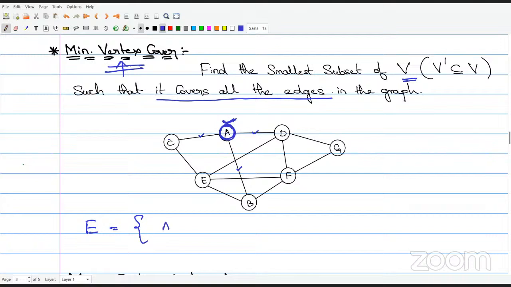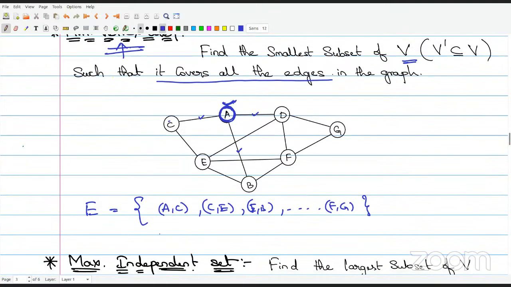This edge set contains edge AC, edge CE, so all the edges in this graph, CE, EB, FG, whatever the edges are there. Now observe carefully this vertex cover. V dash is the vertex cover, I said.